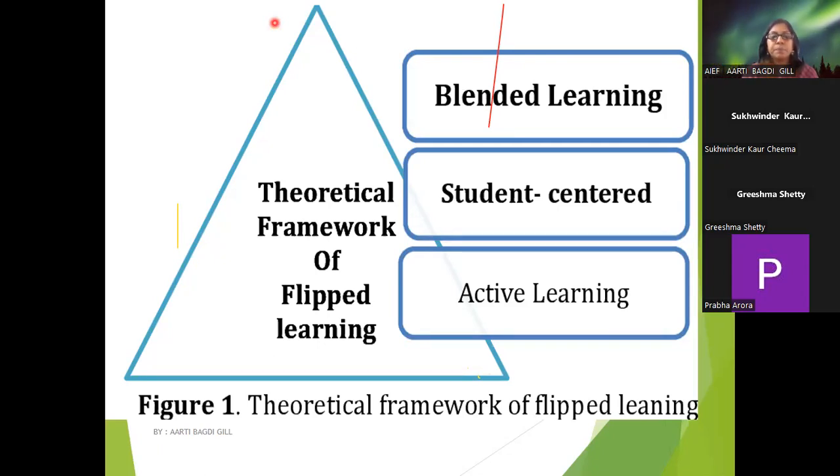Very simple. Now, how is it an active learning one too? How can I say it is active too? Because I've given something for brainstorming. If I'm giving something for the brainstorming, definitely it is active learning. Today I've given a topic to the child.